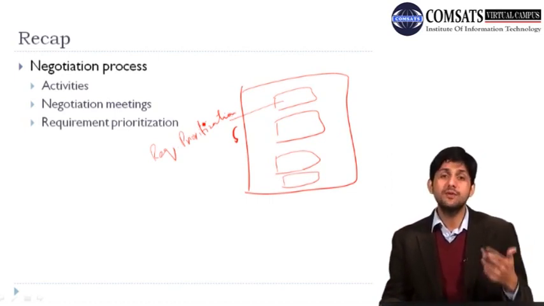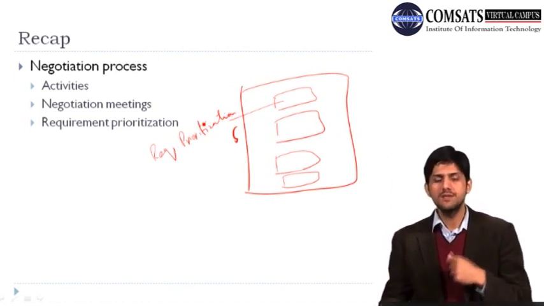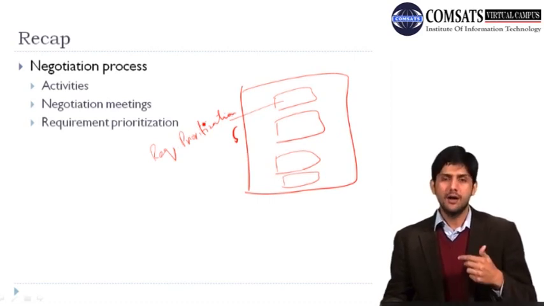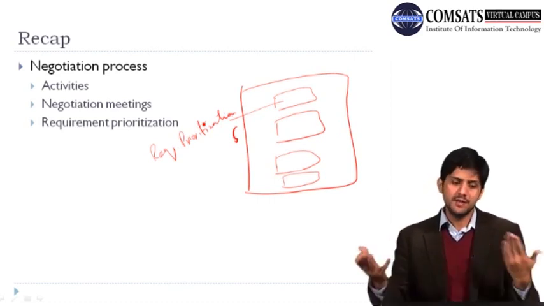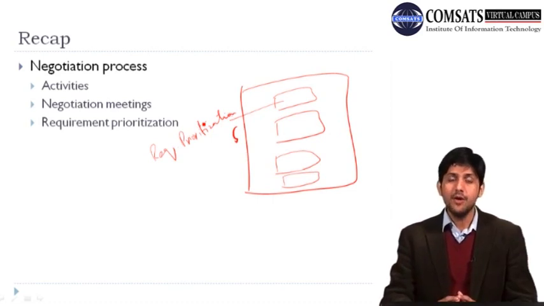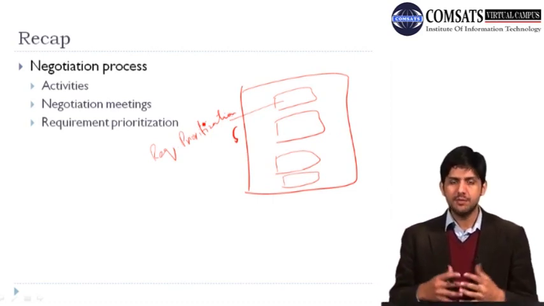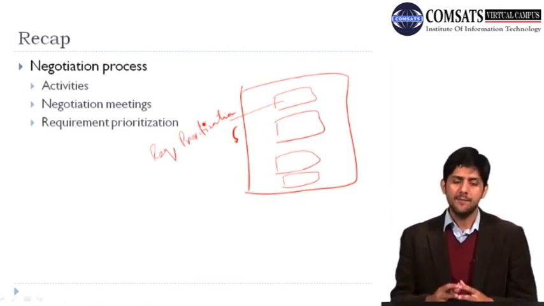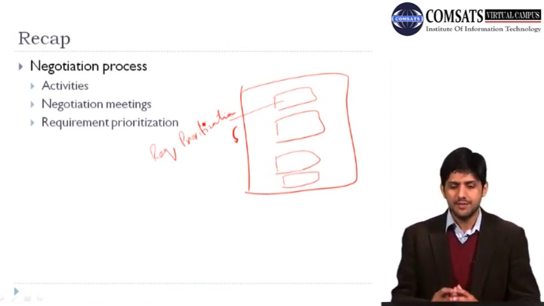There are two main purposes of negotiation. One is to resolve those problematical requirements. The other is to identify which features or requirements, and in which order, we have to start building the project. Depending on the purpose of the prioritization, the parameters would change, and you will get a different rank of requirements.